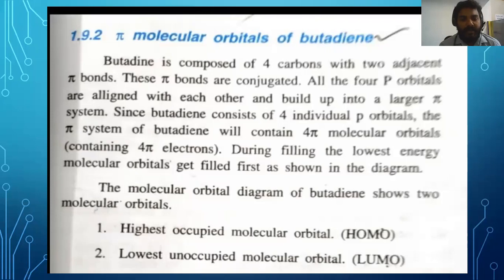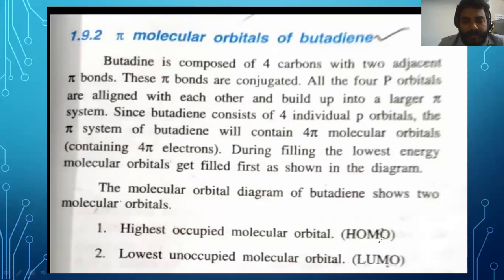Here the most stable occupied orbital is known as HOMO, the highest occupied molecular orbital, and the lowest unoccupied molecular orbital is LUMO.